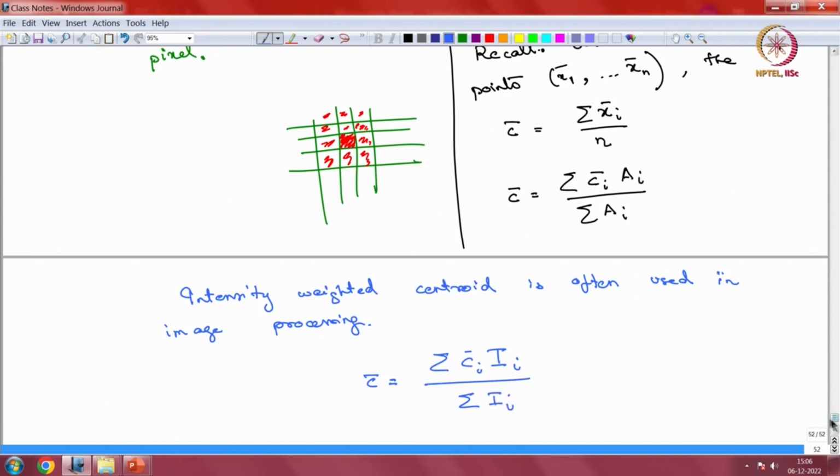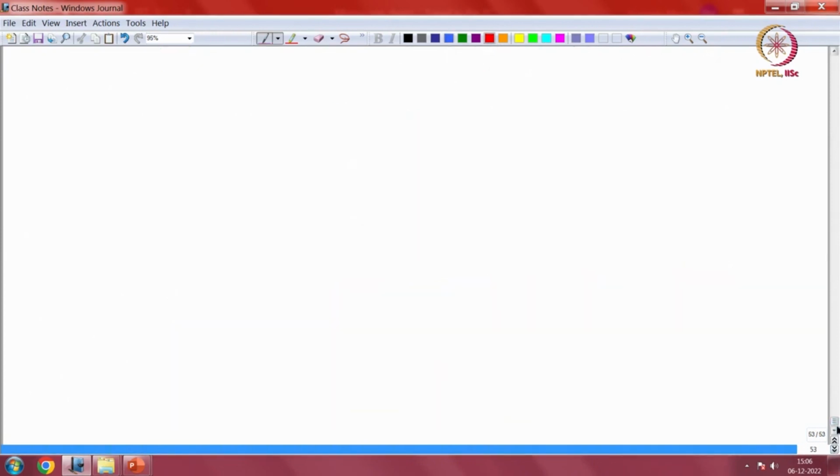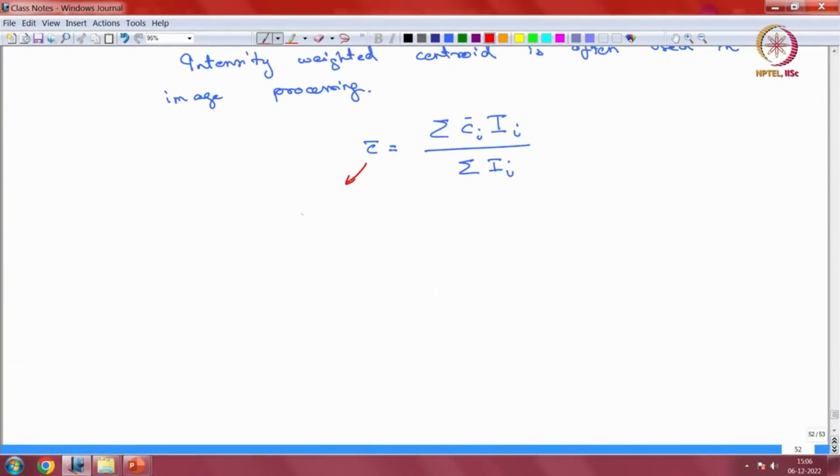And this value will give you the location of the center with subpixel accuracy.